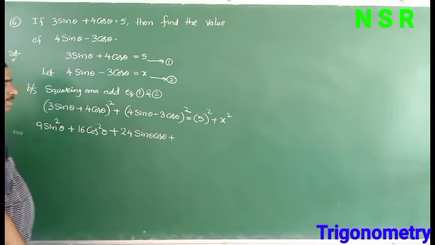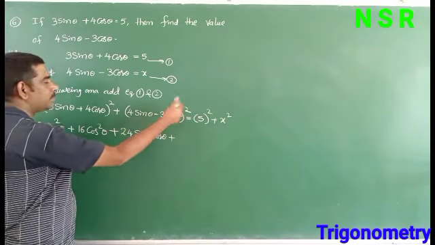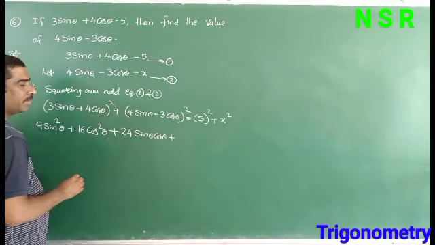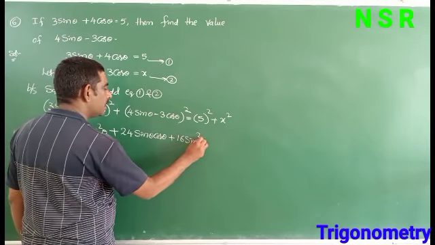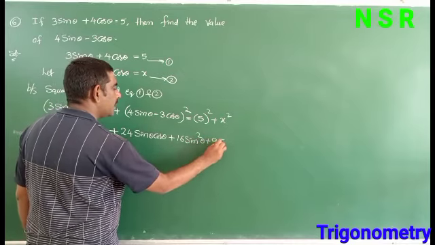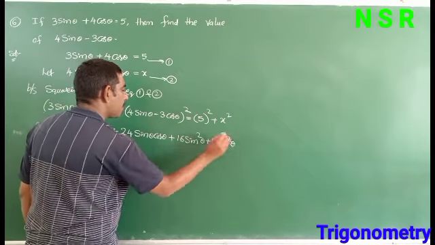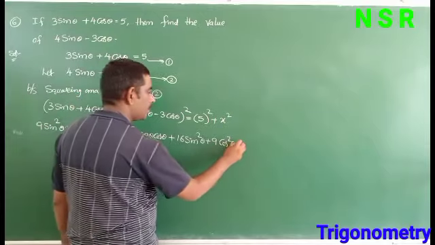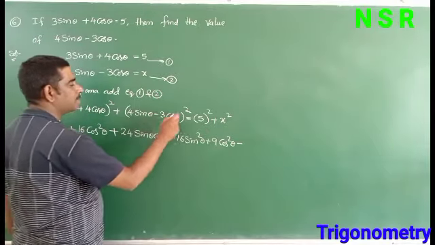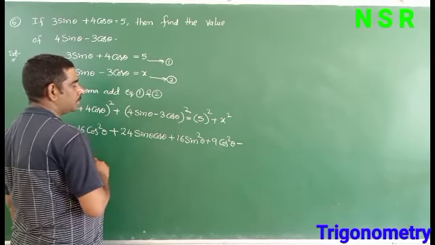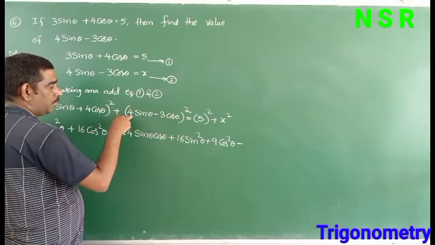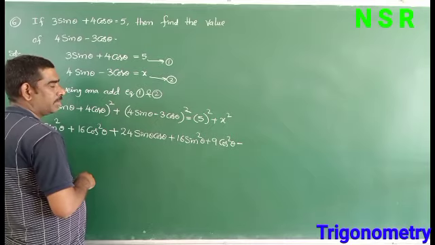Next plus, here apply a minus b whole square. First a square, 4 sin theta whole square is 16 sin square theta, plus 9 cos square theta, minus 2ab, 2 into 4 is 8, 8 into 3 is 24.